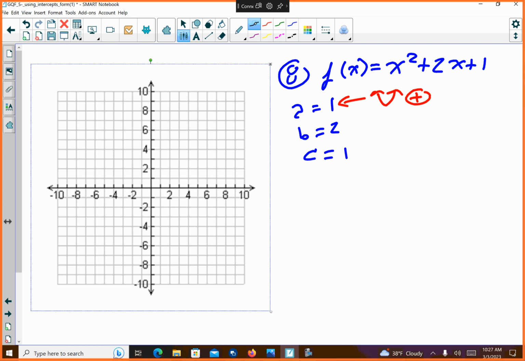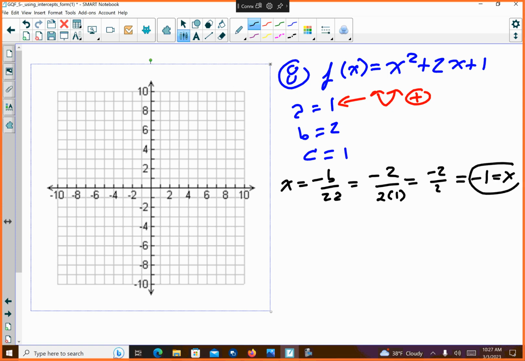All right. X equals negative B over 2A. So I get negative 2 over 2 times 1, which is negative 2 over 2, which is equal to negative 1. That's my axis of symmetry. Negative 1's right down here.